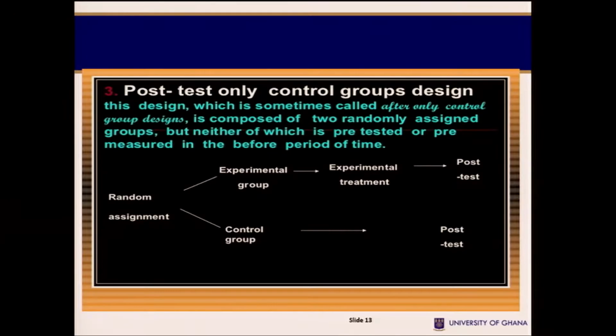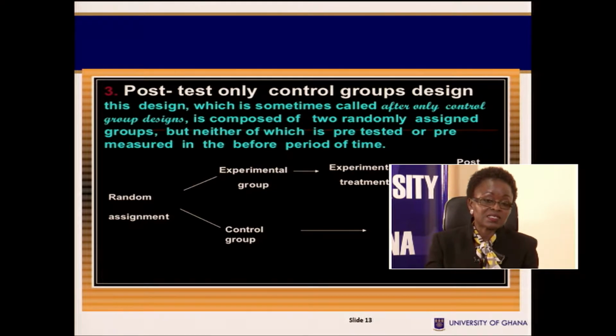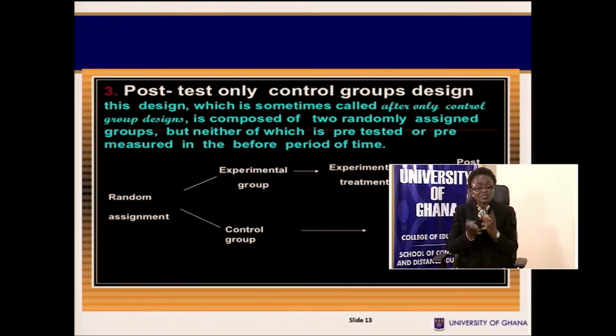So here is a very good example of an after test design, or post-test only control group design. Here the randomization, which I described earlier, is done, which means that the researcher has used an independent way of assigning students to the two groups.